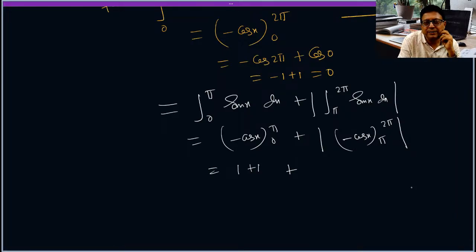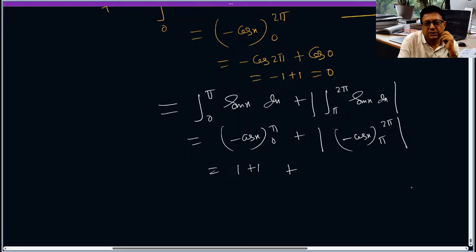Minus cos 2 pi plus cos pi. So again minus 1 minus 1. Answer is 4. Okay? The value will be 4.